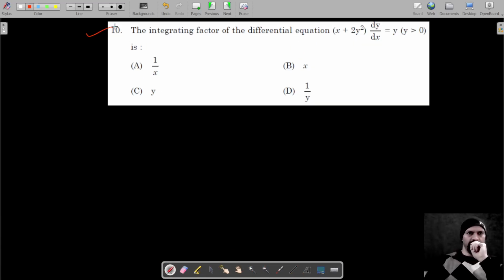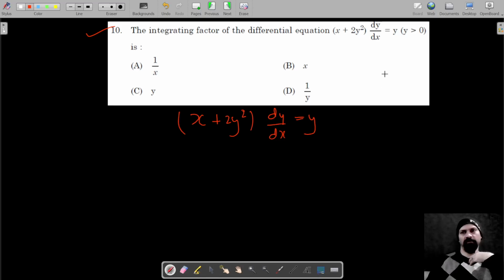On question number 10, we have to find the integrating factor of the differential equation. The differential equation is (x plus 2y) the whole square into dy by dx is equal to y, where y is greater than 0. So let's try to get this in the linear differential equation form.